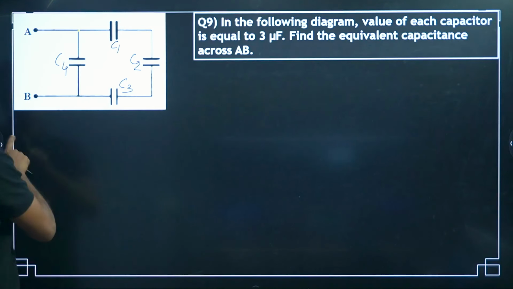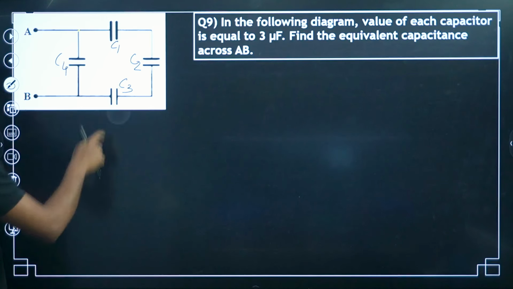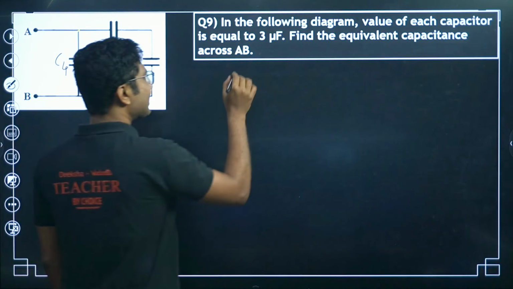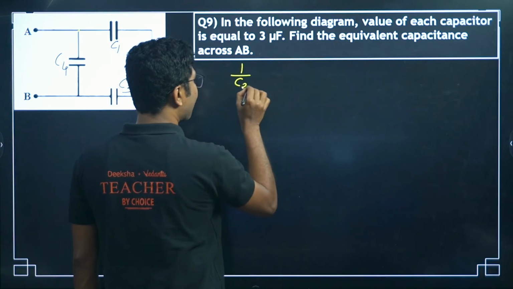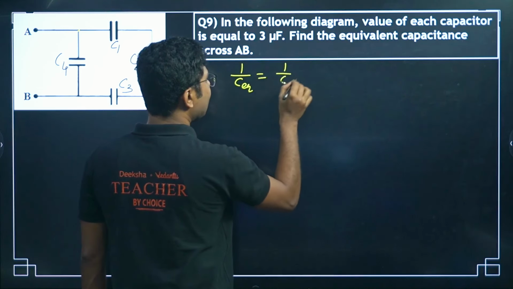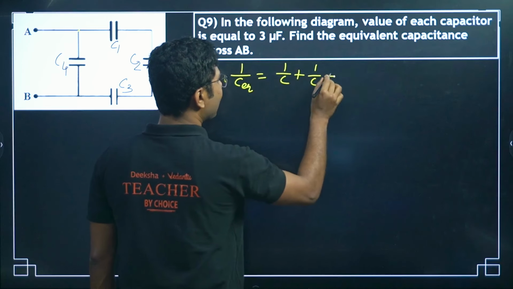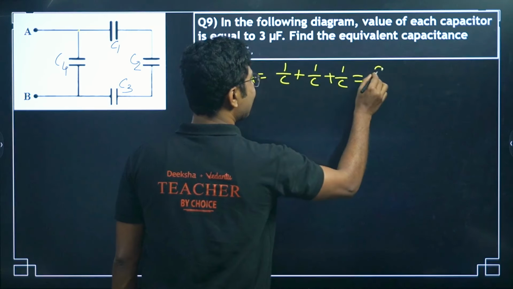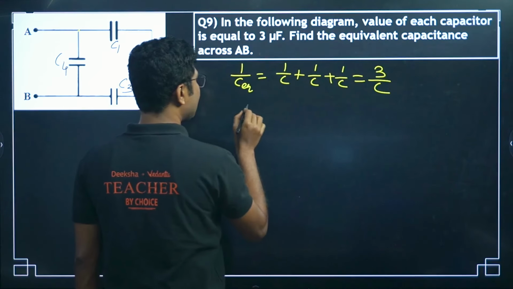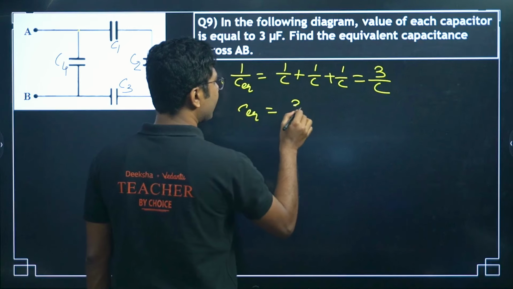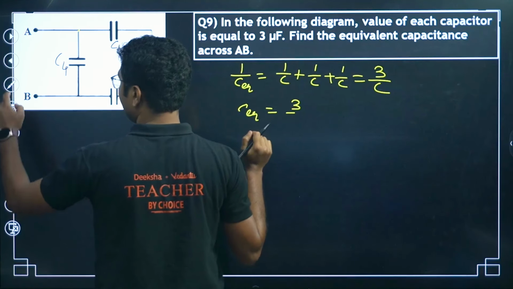So, 3 capacitors connected in series. What is the equivalent capacitance? 1 by C equivalent will be 1 by C plus 1 by C plus 1 by C, that is 3 by C. So, C equivalent will be equal to C by 3.